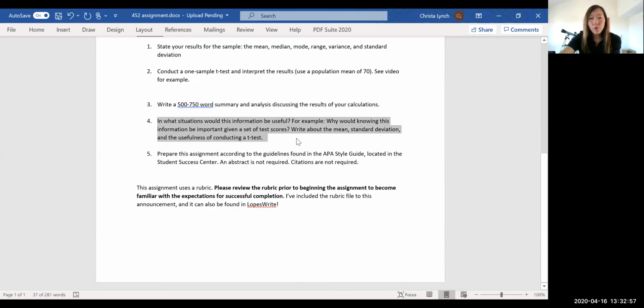So you have these test scores, and you're going to get the mean, the standard deviation, and be able to talk about your results of the hypothesis test. But for example, why would knowing this information be important given a set of test scores? You want to write about the mean, the standard deviation, and the usefulness of conducting a t-test, all in the context of the calculations.